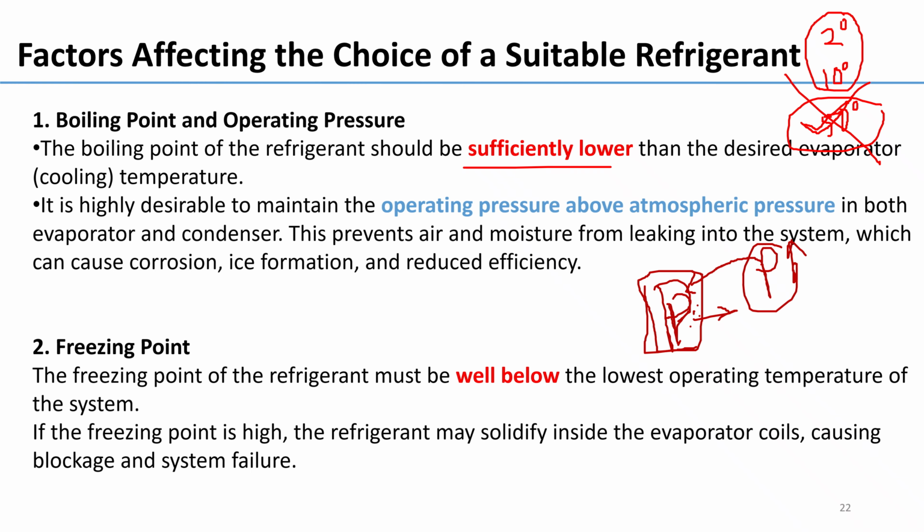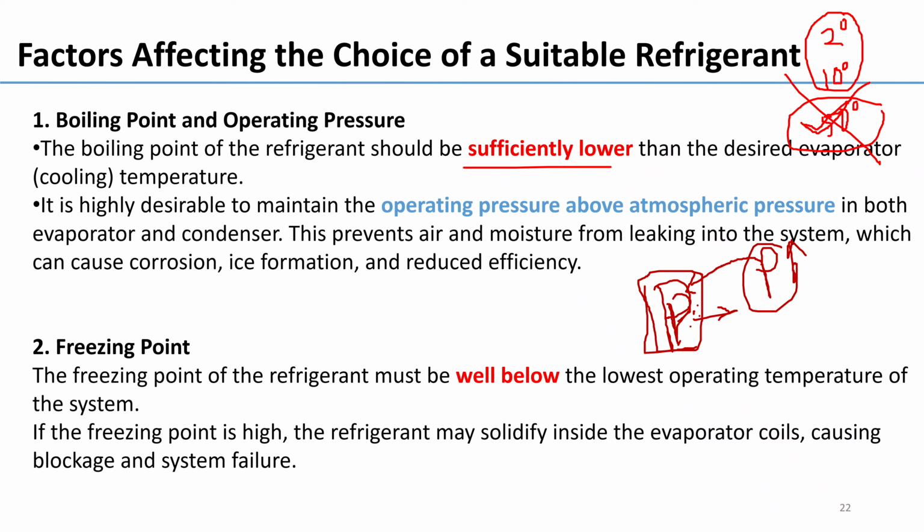This is the same scenario as the clean room. We know in the clean room area the pressure should be higher, otherwise there would be ingress of dust or other contaminants into your clean room area. So this is the same concept. This prevents air and moisture from leaking into the system, which can cause corrosion, ice formation, and reduce efficiency.